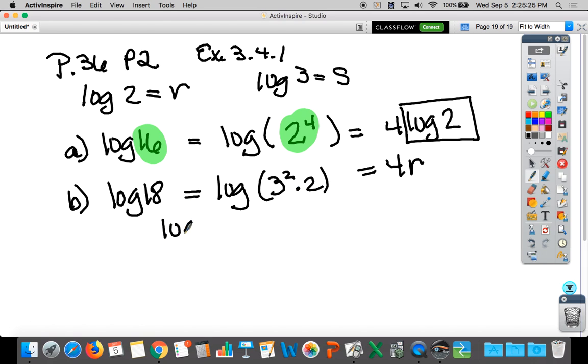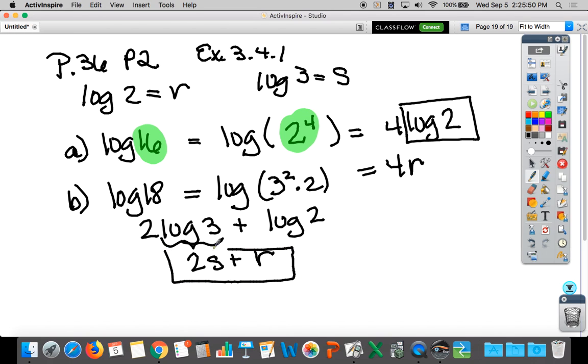So this is log 2, log 3. Multiplication expands as addition, log 2. Now, log 3 is what? So that's 2S plus R. That's the way your end result has to be written. Let me put this up here. It looks like it's the answer to that one.